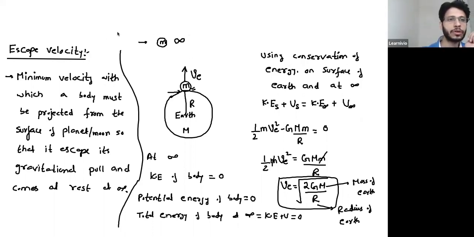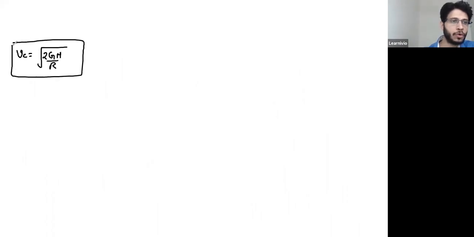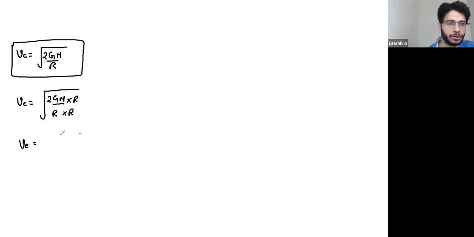Next, we can also convert this expression of escape velocity in terms of acceleration due to gravity. So the escape velocity is root over 2GM over R. To convert this in terms of acceleration due to gravity, you can multiply the numerator and denominator by R. So it comes out to be root over 2GM by R square into R. What is GM by R square?